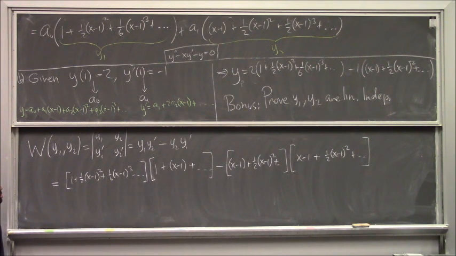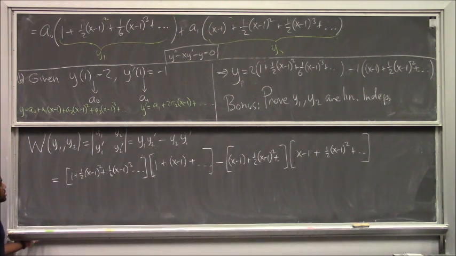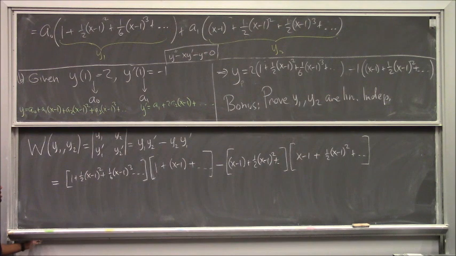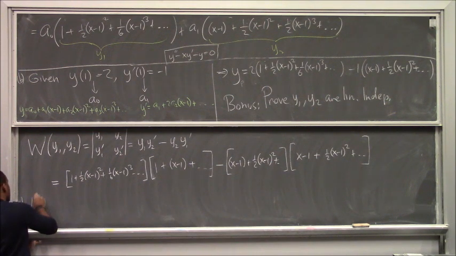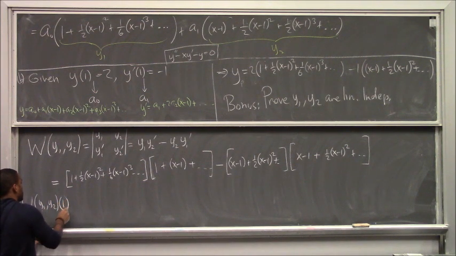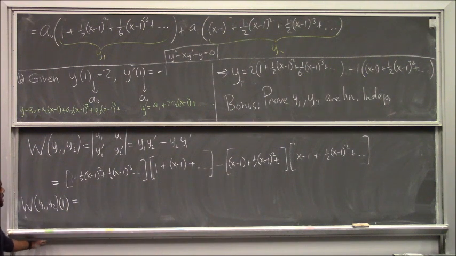Remember, we just want to know that it's not 0 at the point, or at some small interval around the point. So I can literally just ask, what does the Wronskian look like at 1? Well, I can plug that in.